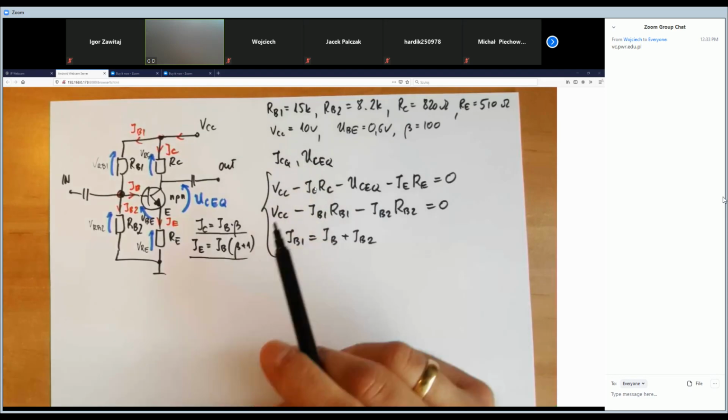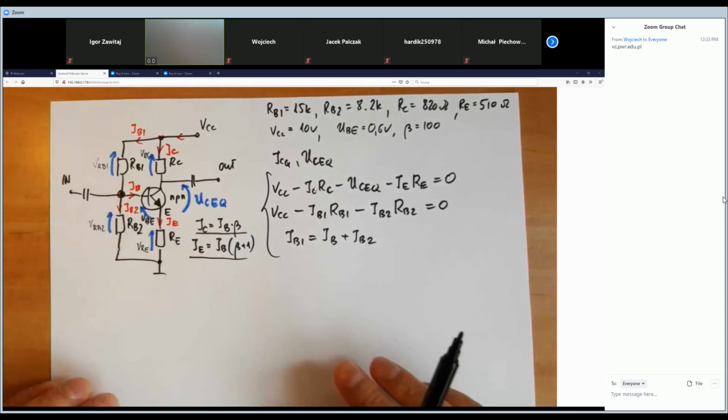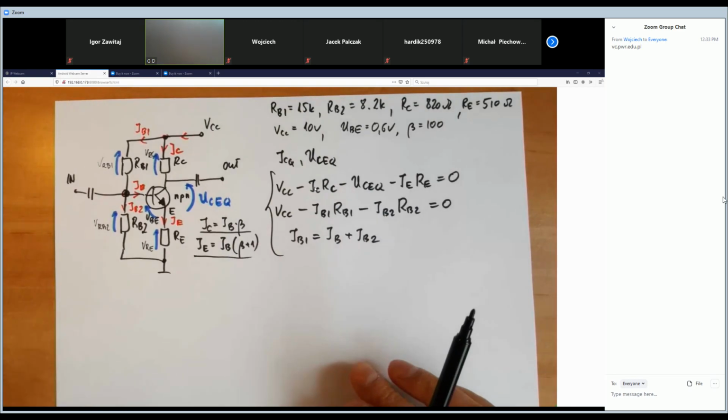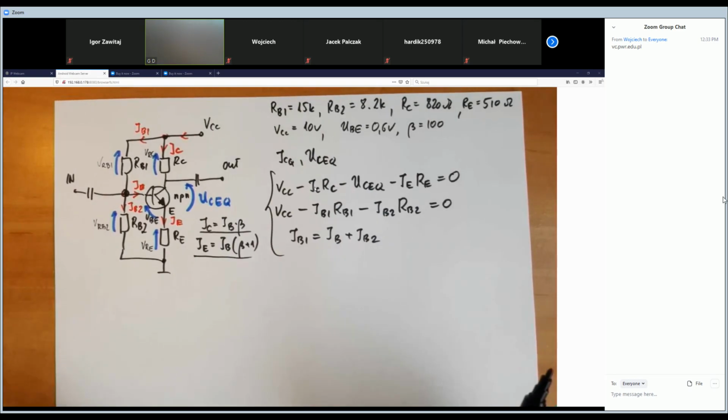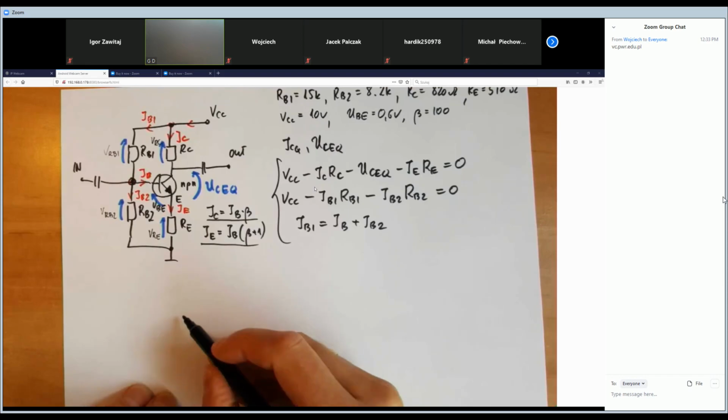It will take you a little bit more time, and there are possibilities to make mistakes. However, for such an example, we can use the Thevenin theorem. How? Look, this setup I can draw in a little bit different way.